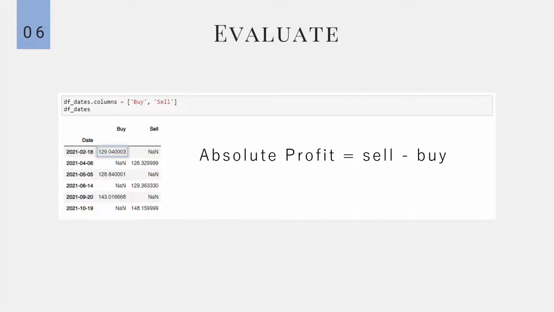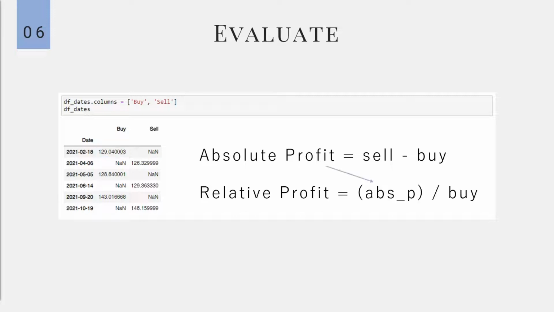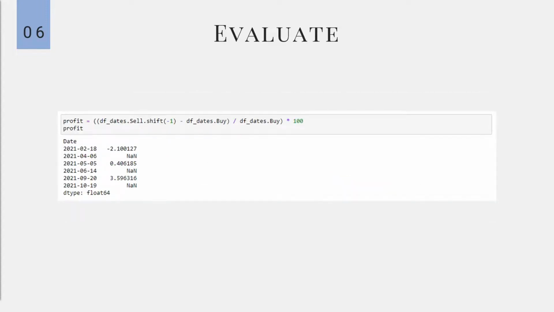But it's not really meaningful to take the absolute profit, so we will take the relative profit, which is the absolute profit divided by the buy price. So if we take this calculation on our data frame, we get this percentage as the profit. So note that I took it times 100, so we get the percentage values.